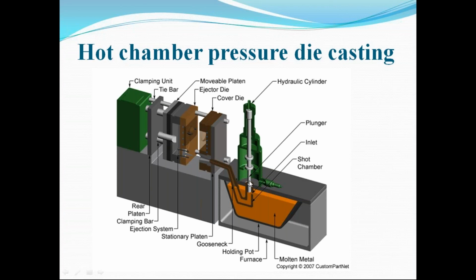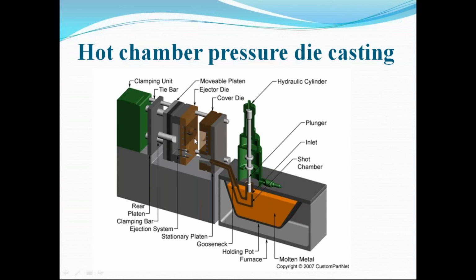The important parts here: again, this portion is called the shot chamber. Again you can find a pore in this shot chamber. The melting happens in the furnace, so the molten material can flow through this pore into the shot chamber. This is called the gooseneck. Here are two dies, one stationary, another one movable.